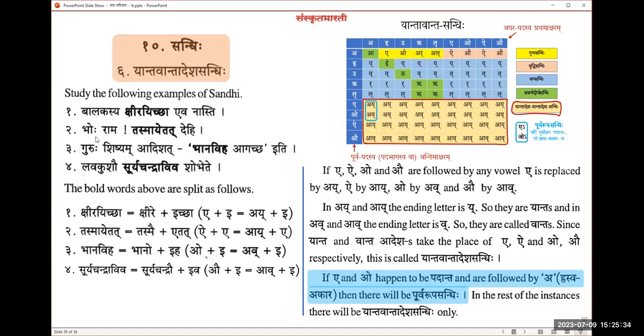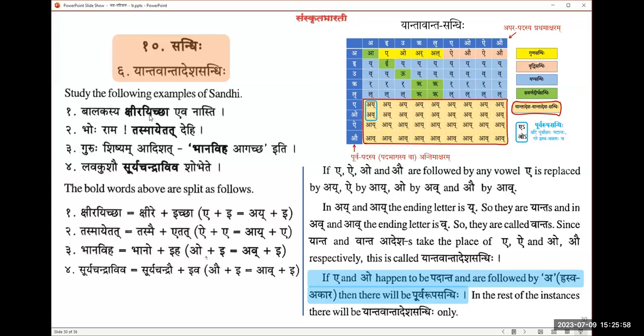Bho Rama. Tasmai etat dehi. So tasmai etat. See, dirgha I is there. So tasmai, we reverse back to I. Tasmai etat. A comes back with the second half. So etat dehi. Again, icha comes back with the second.